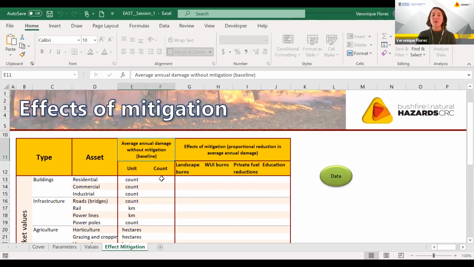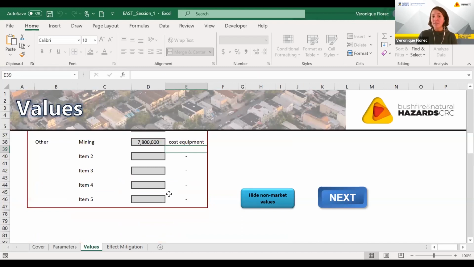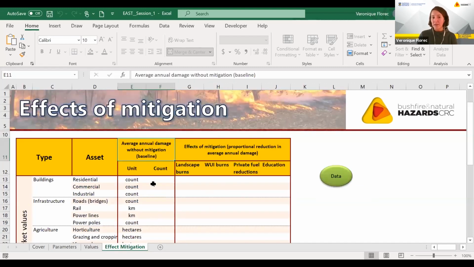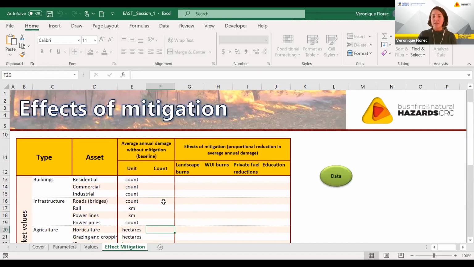Yeah, that's a good point, and that's a very good question. Thanks for that question. It is true that you already have an underestimated value at risk, and on top of that, you might have underestimated the impacts before you apply mitigation to the area.